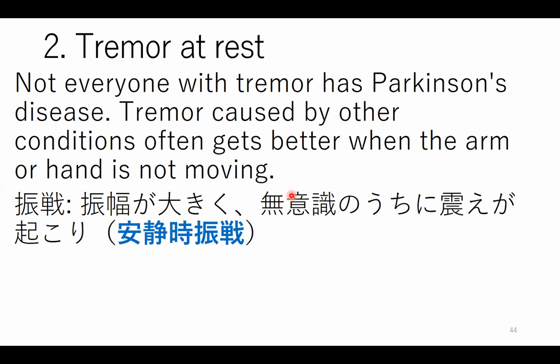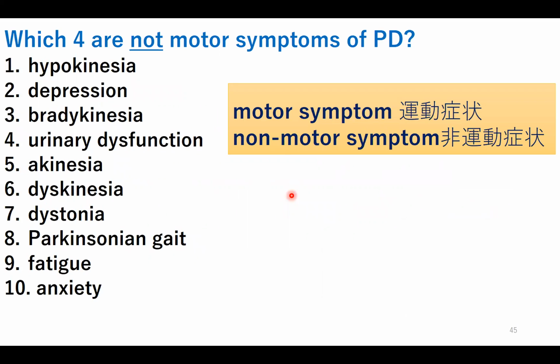And okay, then we have a little quiz. So which 4 are not motor symptoms of PD? Yeah, Parkinson's disease. Okay, motor, non-motor. I give them the Japanese here, and they have to look here. Yeah, and clever students will know that this means kinesia. Kines. Yeah, this will mean movement. They should know that. Well, they may know that.